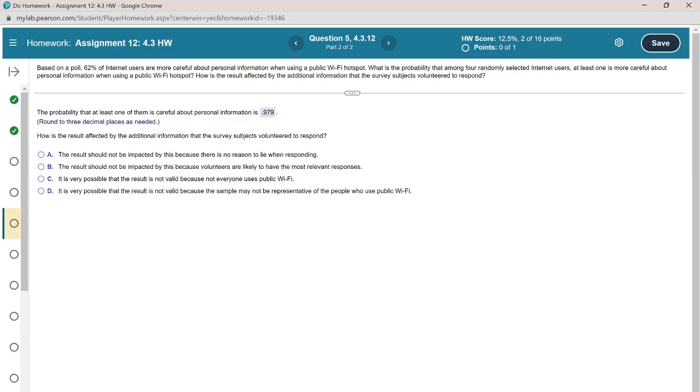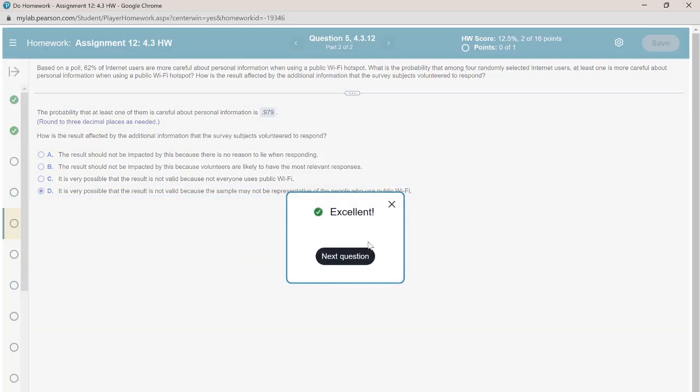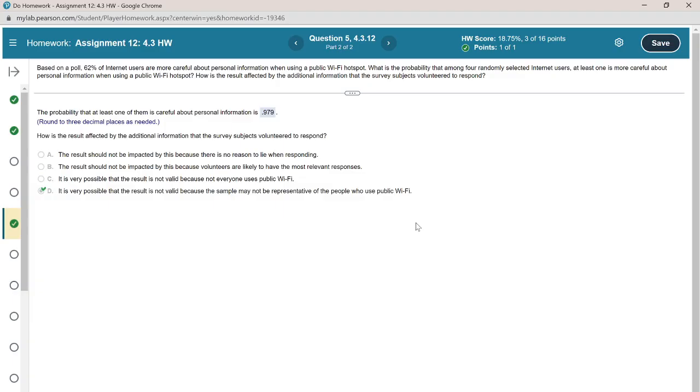It is very possible that the result is not valid because not everyone uses public Wi-Fi. Finally, it is very possible that the result is not valid because the sample may not be representative of the people who use public Wi-Fi. So this looks more accurate. The fourth one: whenever you ask for volunteers, the volunteer sample might not represent the actual sample of the population.